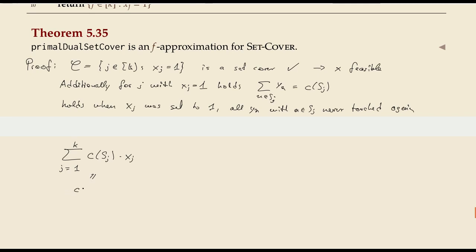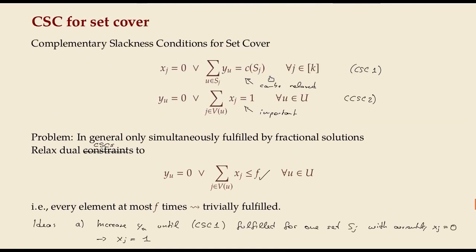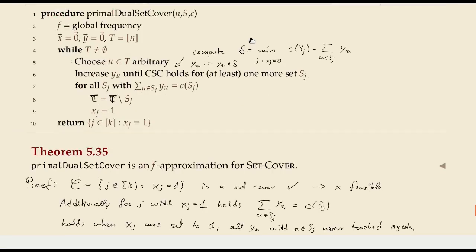Well, we can write this as cost of C, the solution that we computed. Then here, either xj is 0, then the term here is not really in the sum. Or if xj is 1, then we know by the complementary slackness conditions part 1 here that this holds.